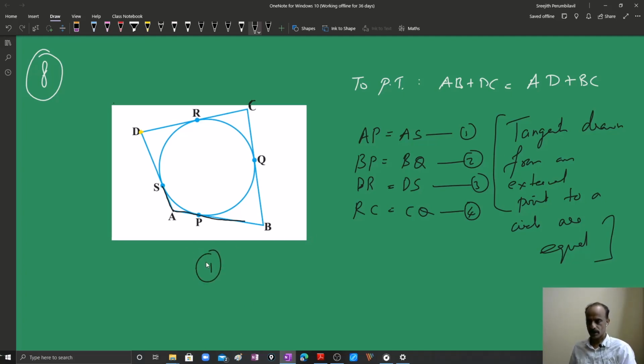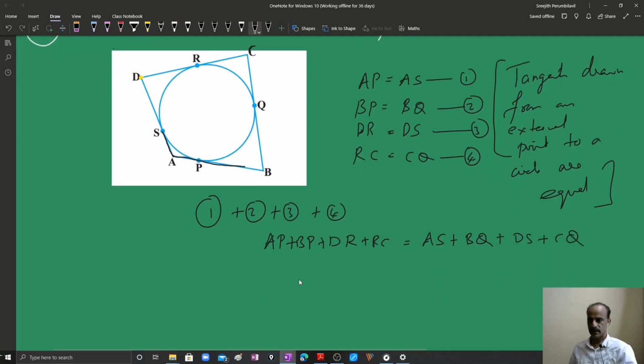Now adding 1 plus 2 plus 3 plus 4, we have AP plus BP plus DR plus RC is equal to AS plus BQ plus DS plus CQ. Next, I combine AP plus BP and DR plus RC.